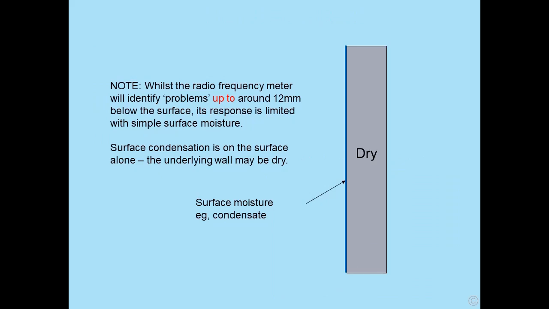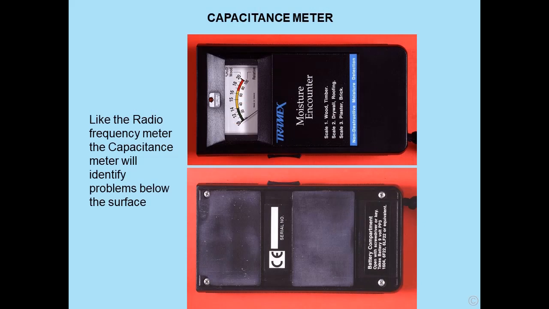However, there can be a problem in as much as they do not appear to be particularly sensitive to surface effects only. The capacitance meter, like the radio frequency meter, will identify problems below the surface.